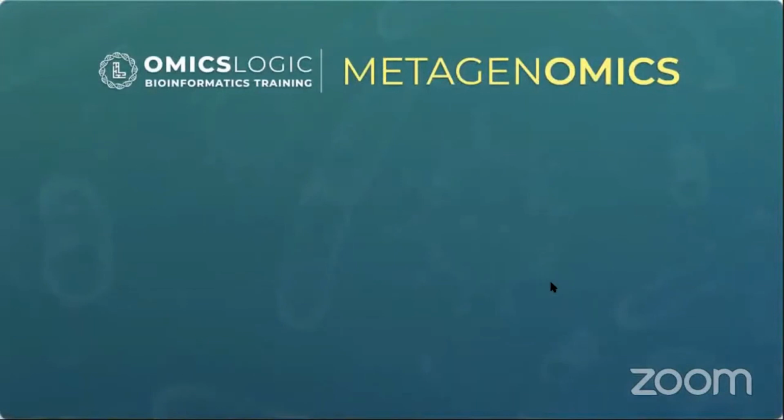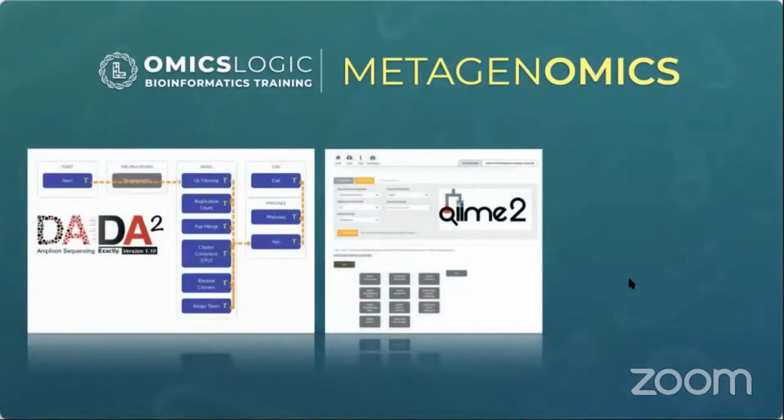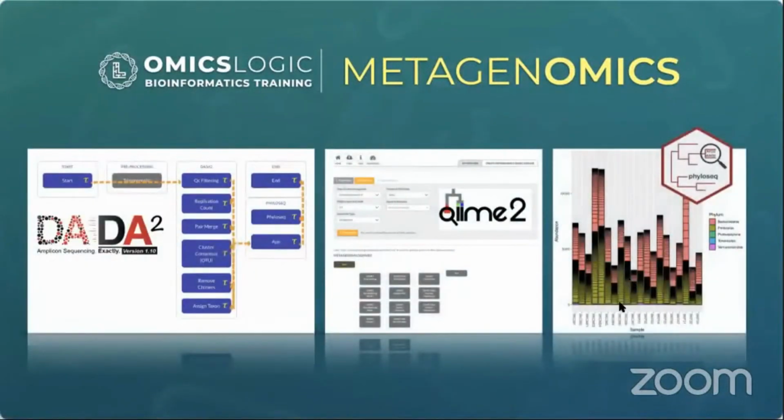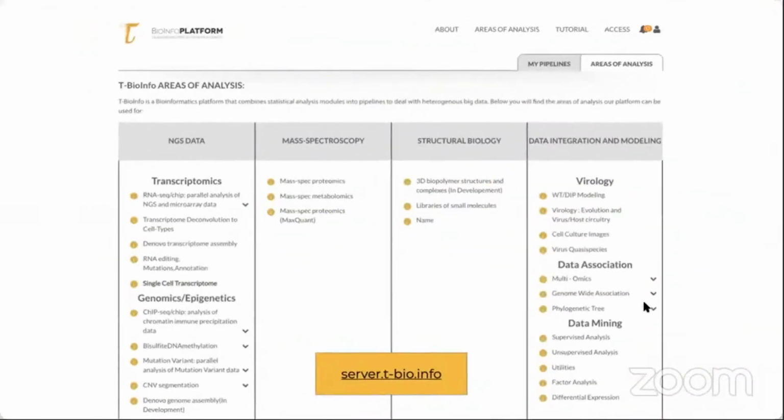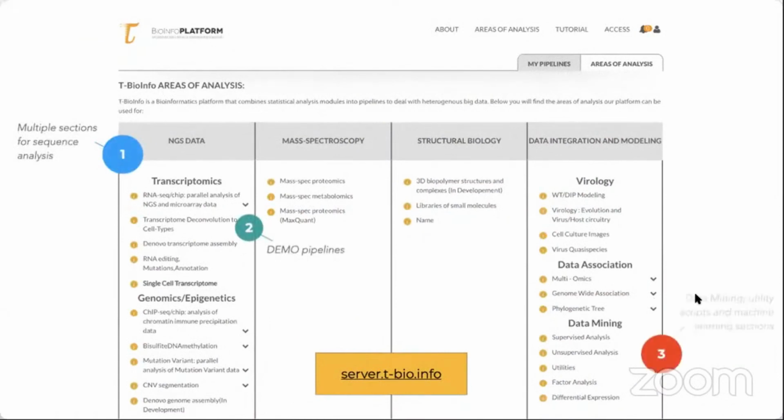So let's talk a little bit about the approaches that you will be introduced to. Throughout this course you will be given access and directions to the server tBioInfo platform for bioinformatics processing and for analyzing these metagenomics data. This platform includes demo pipelines and analysis approaches to run a metagenomics bioinformatics pipeline.